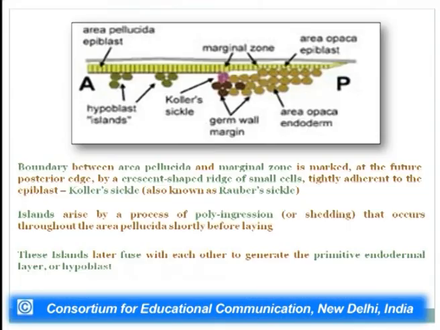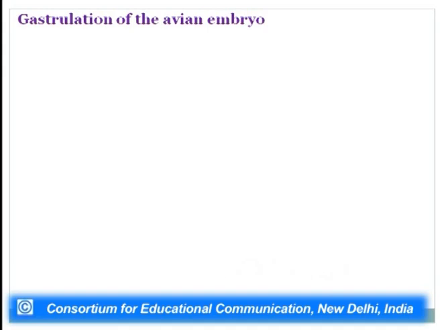So, delamination occurs and these cells start residing in the subgerminal cavity as smaller clusters, which will later fuse. So, these islands later fuse with each other to generate the primitive endodermal layer, or what is termed the hypoblast. So, when gastrulation starts, these islands fuse together to form the hypoblast, or the primary hypoblast, the primary primitive endodermal layer. So, we will follow up the gastrulation of the avian embryo.